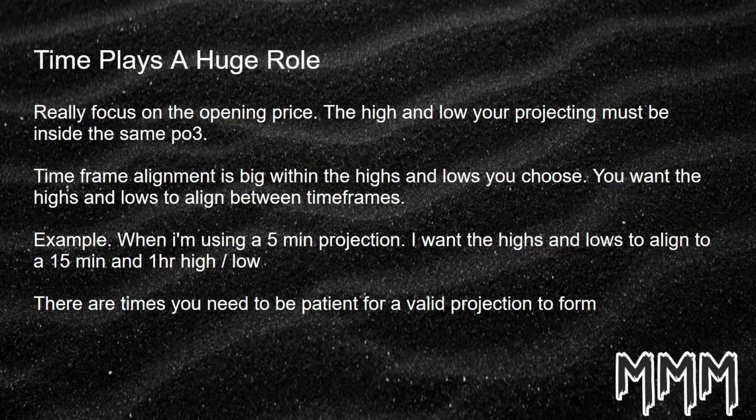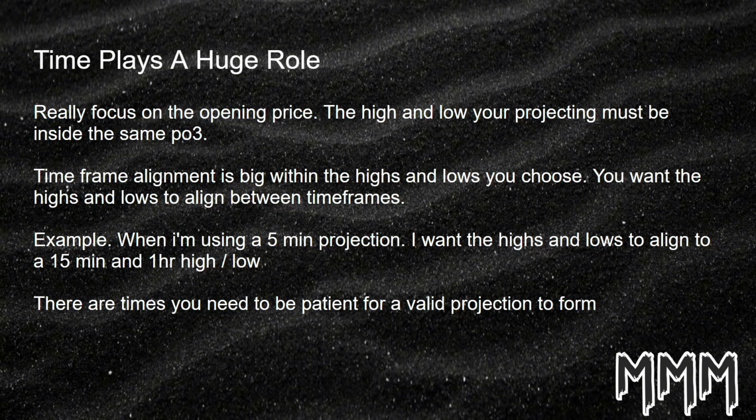Time frame alignment is huge just within projecting. You want the highs and lows to align between time frames. I've talked about this before, but for example, when I'm using a 5-minute projection, I want the highs and lows that I'm keying the fib on to align to those higher time frame highs and lows.